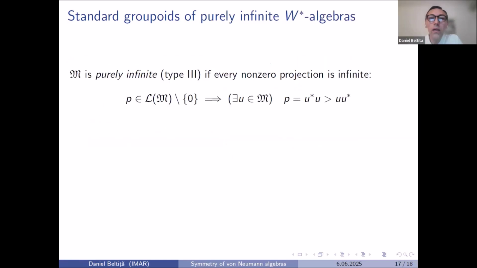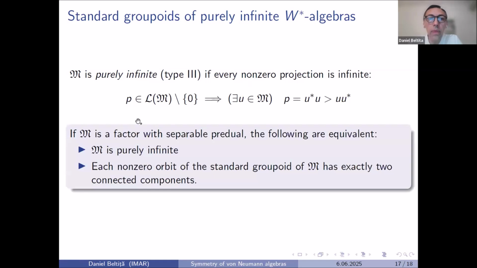So we have a nice interpretation of finiteness in terms of groupoids. Again, in the opposite case, for the purely infinite algebras, or the so-called type 3 algebras, every projection is infinite, which implies that if the algebra has a separable predual, then any two non-zero projections are equivalent.